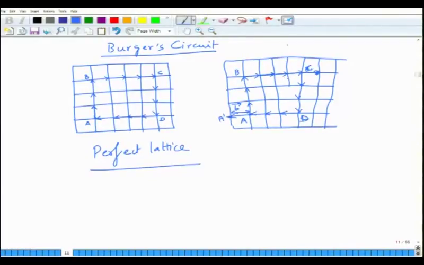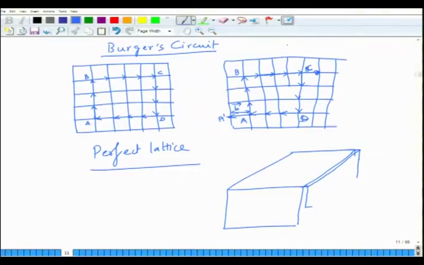If I draw the 3D diagram, this is your 3D diagram. This is your extra step that has formed somewhere here, and this will be the back side of the crystal. This extra step is the Burgers vector, and your dislocation line is running in this direction.